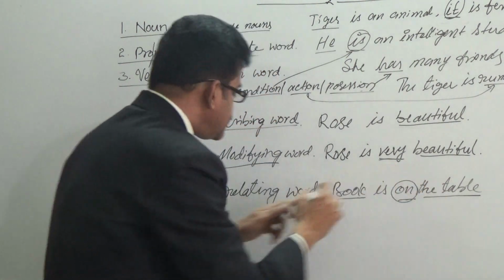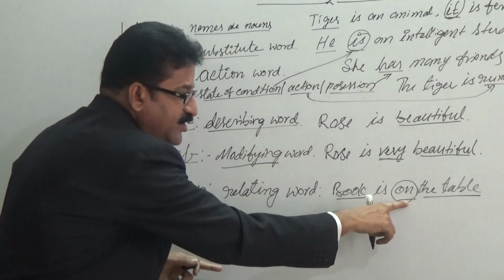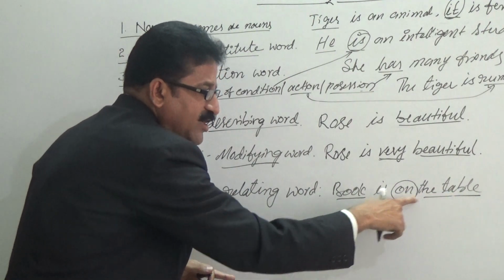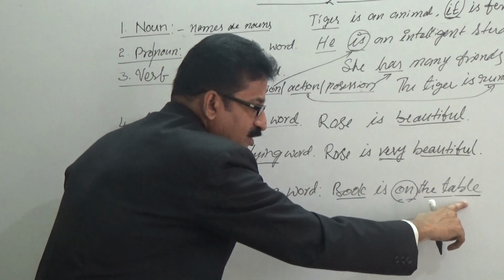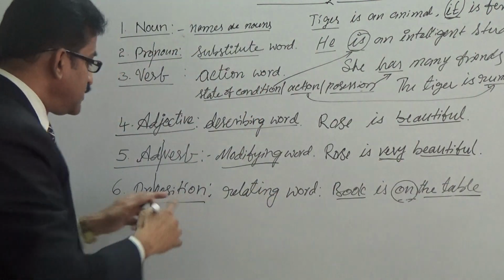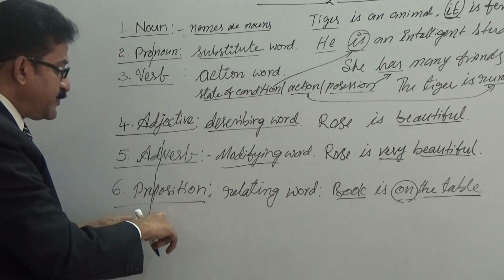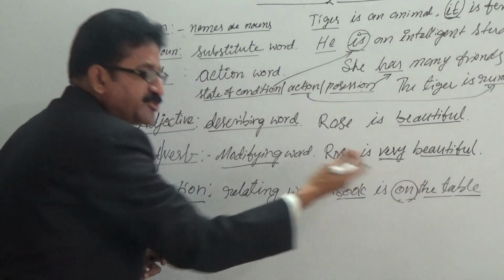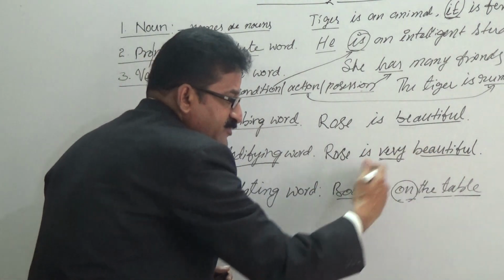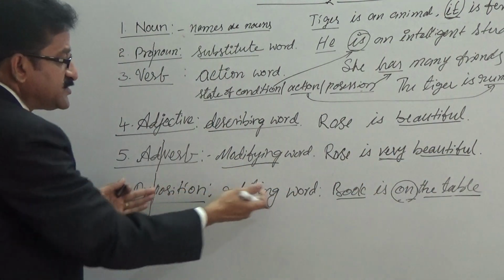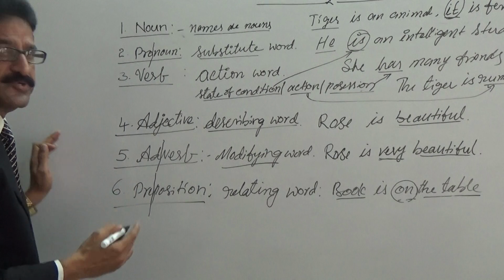That is why it is called a relating word. The word which is used before a noun or a verb to relate the subject and that noun is called a preposition. It describes the relationship between these two.